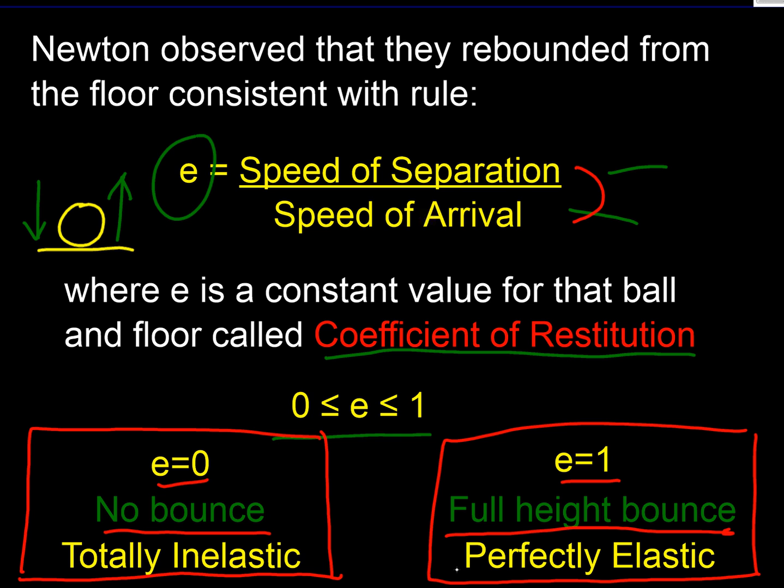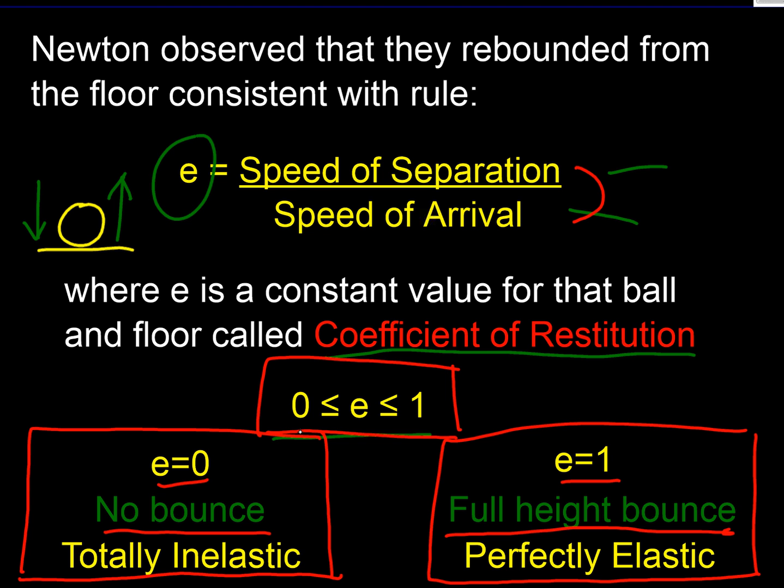We can't really go out faster than we came in because that means creating energy. So those are our two extreme positions, and that's why our e value, our coefficient of restitution, must be between 0 and 1. Really important. I'm going to pause just a moment so you can think about that.